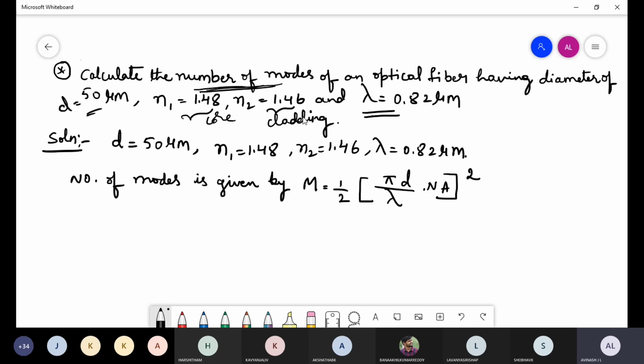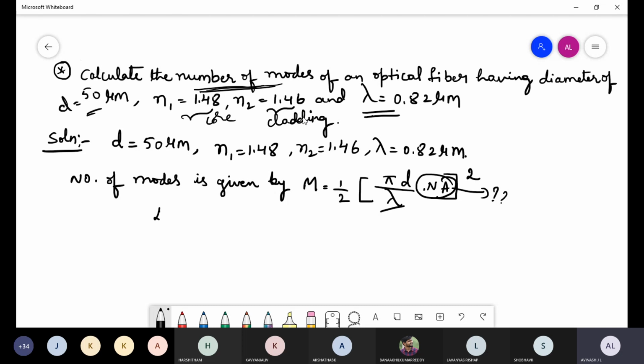That means square. In this formula, 1 by 2 is constant, lambda is given, pi is constant, d is given. Numerical aperture is the only thing to be calculated. After calculating the numerical aperture value, substitute here and you will get the answer.